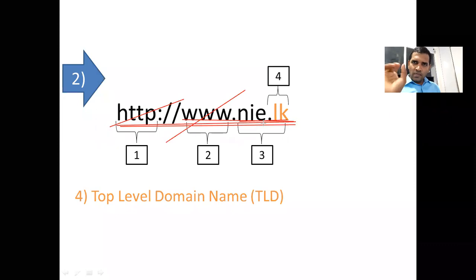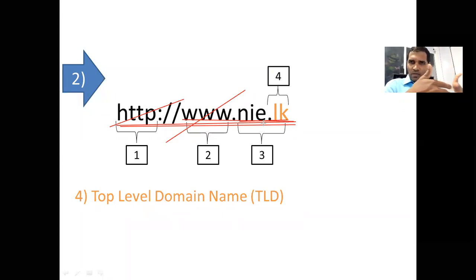nie.lk seems to be text, English words, an English phrase for us, right? Of course, they are English words. But even though this seems to be English words for us, the reality is it is not an English word. Yes, it is displayed as an English word, but this English phrase is, we call it, mapped.